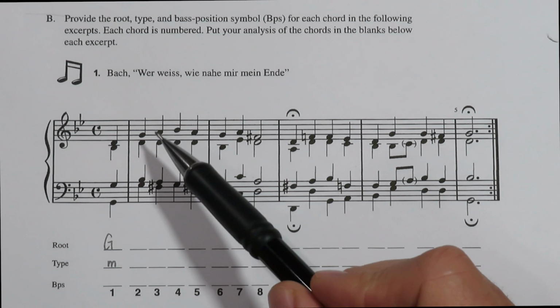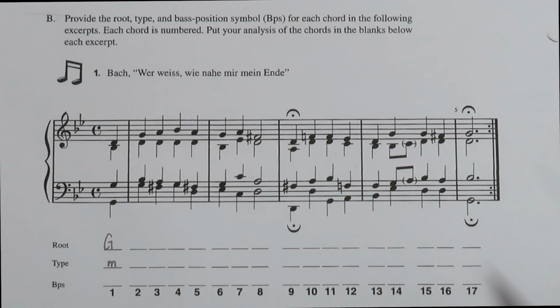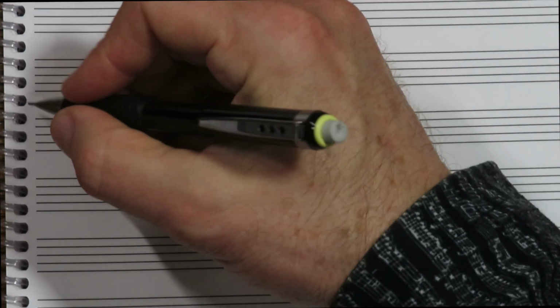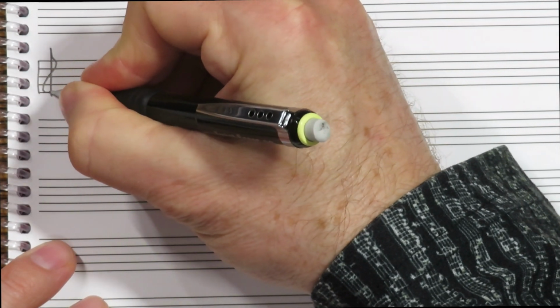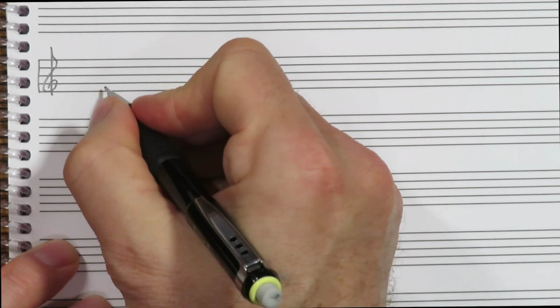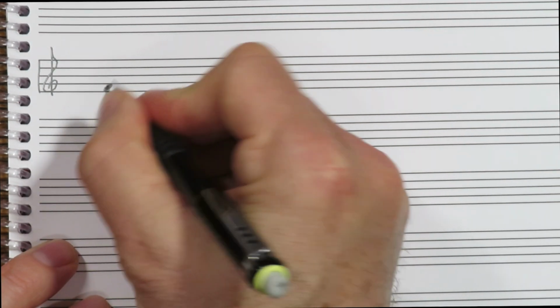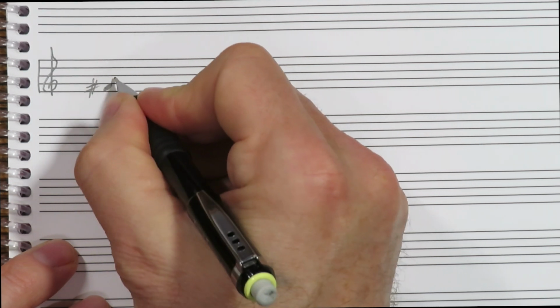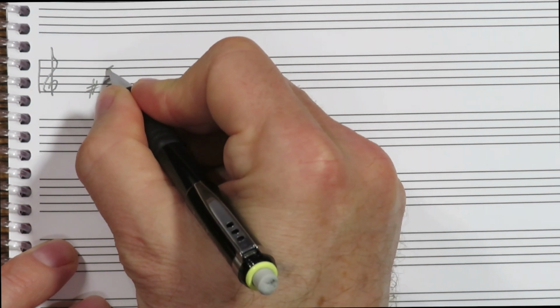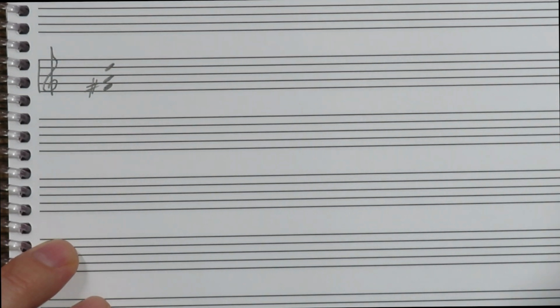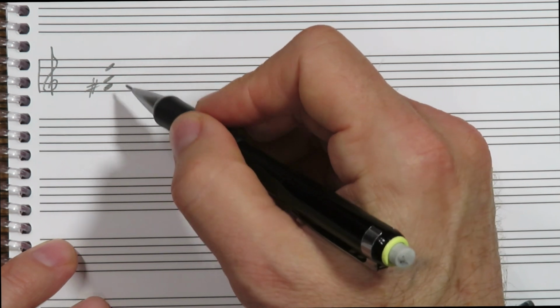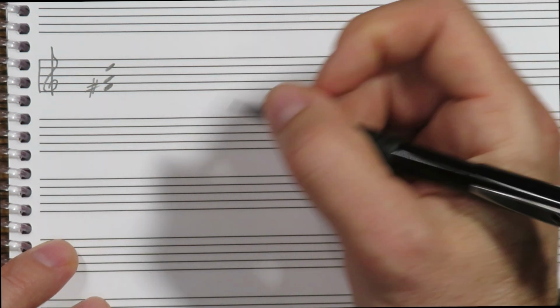Okay, so let's look at the next chord. We have F sharp, A, D, and A. If we take those notes and stack them up, let's use a treble clef. So it was F sharp, A, D, and then another A. This looks like 6-3, first inversion.